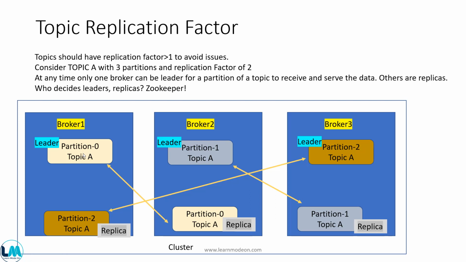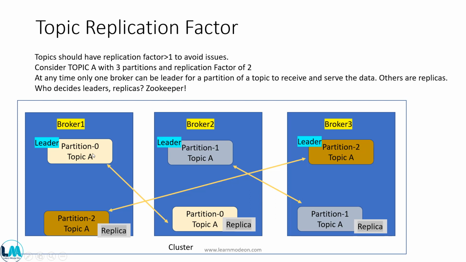At any time, only one broker can be the leader for a partition of a topic to receive and serve the data. So even though we have 2 copies, two similar partitions, only one partition will be the leader, which receives the data and also responds to provide the data to the client. The other partition is just a backup.